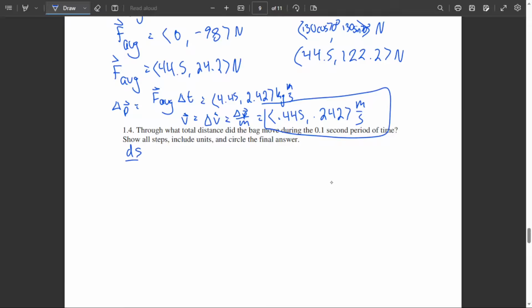So, the change in position, or distance, is equal to velocity times time. Similarly, if we assume that the velocity is increasing linearly, we can say the change in position over the change in time is equal to the average velocity.